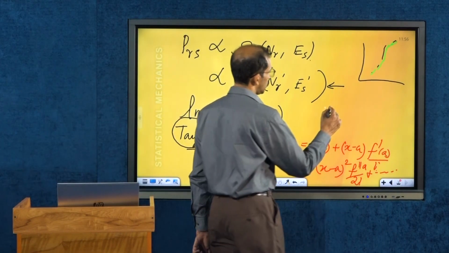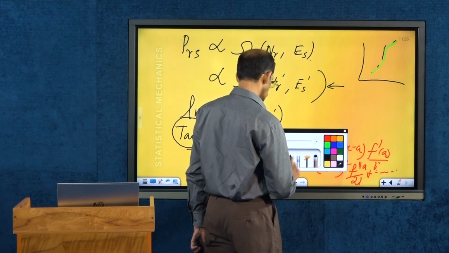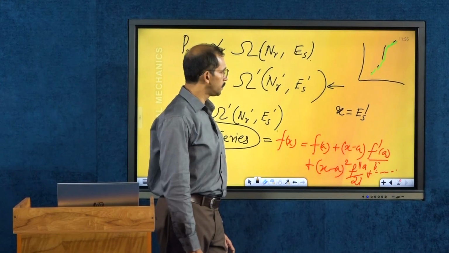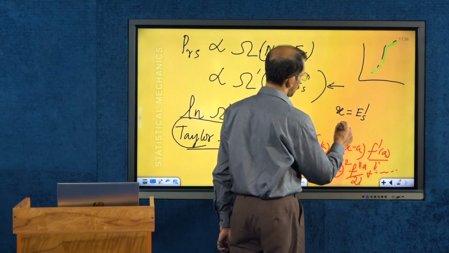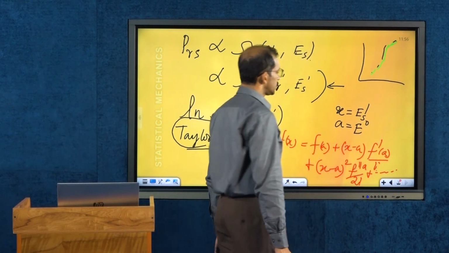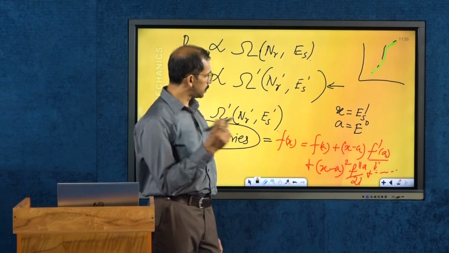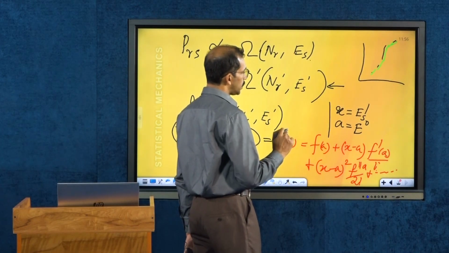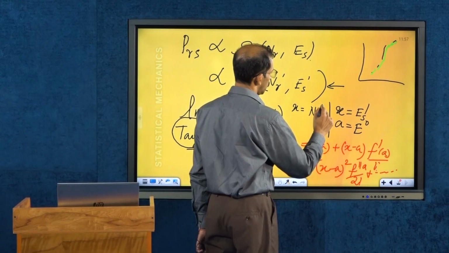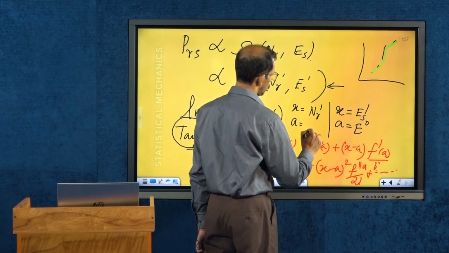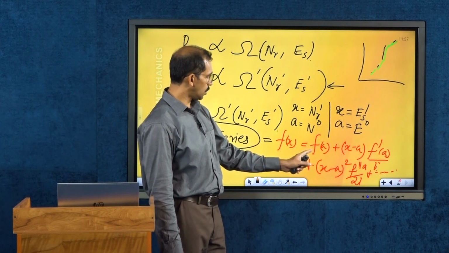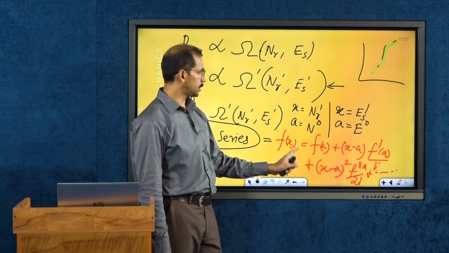Therefore, x is equal to E_S' and a is equal to E0 when we are dealing with the energy part, and when we are dealing with the number of particles, x is equal to N_R' and a is equal to N0, right.